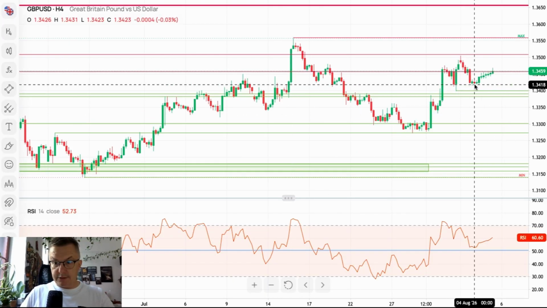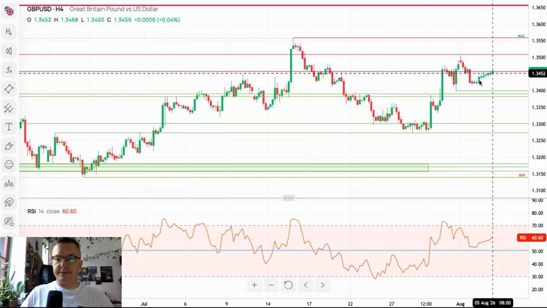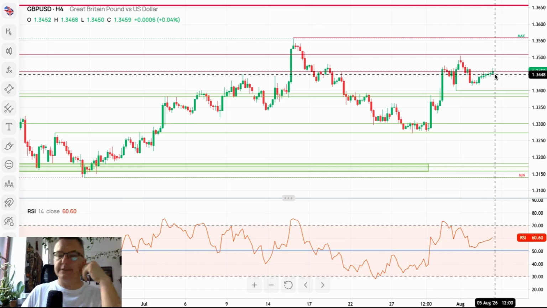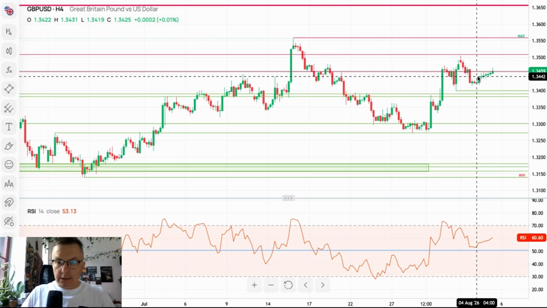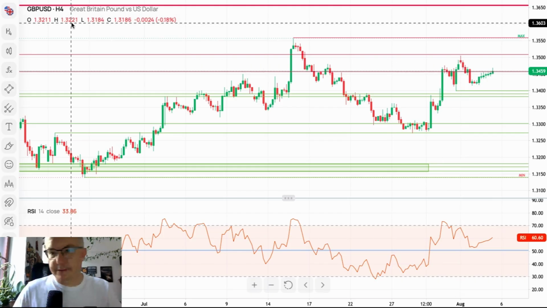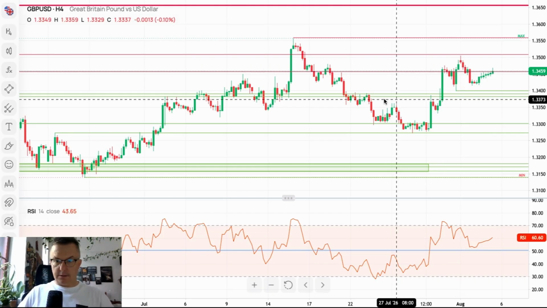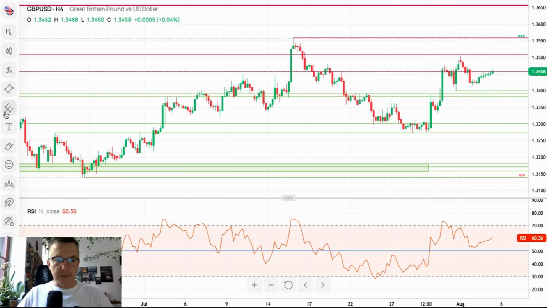The same situation is on the British pound. We retrace a little bit to the upside. The local high 1.3468, momentum 60 points, still strong momentum, but the volatility is not that much. Technical resistance 1.3505 and the local high from the Monday. So at least this situation on the cable is a little bit more clear.